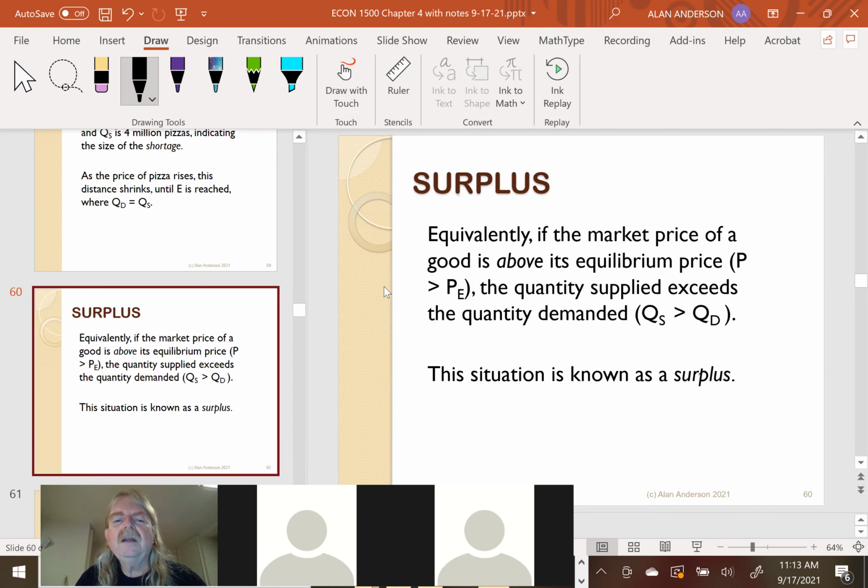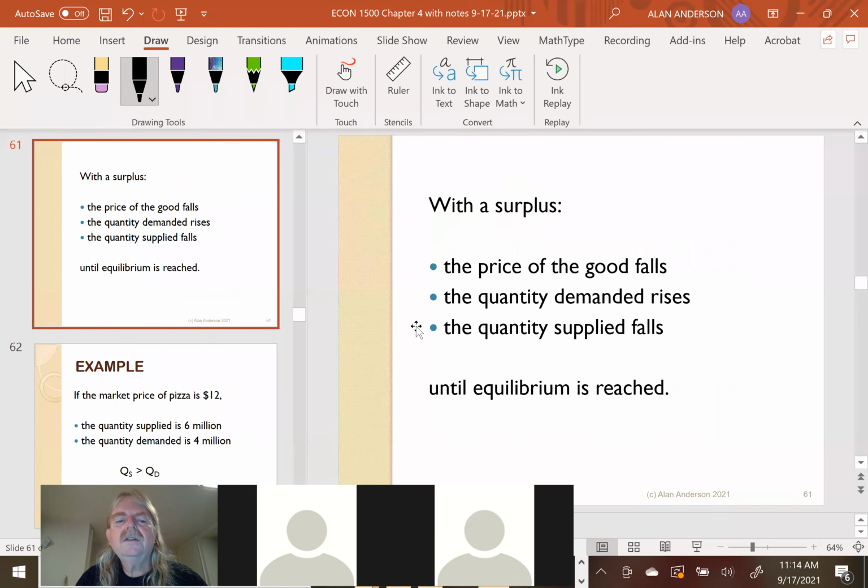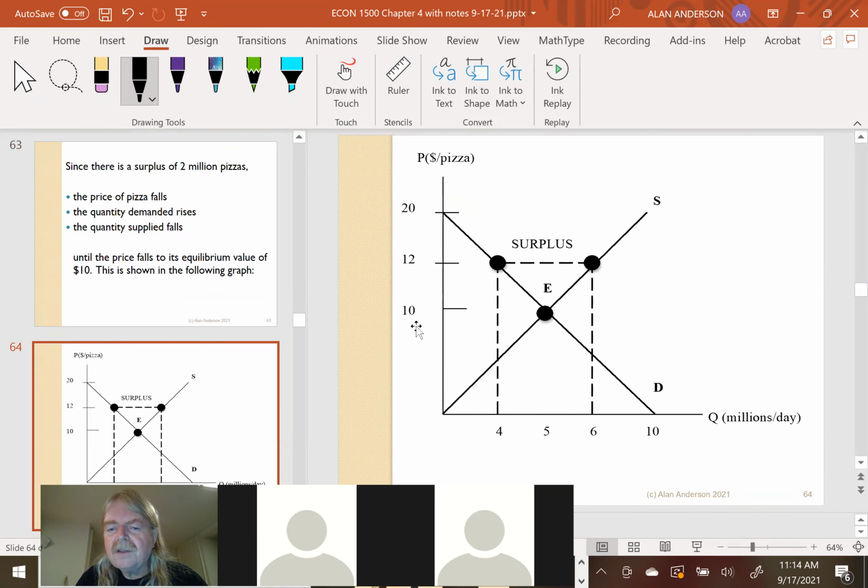All right. But anyway, if the price goes up too high, they'll suddenly discover, hey, we're not selling all the products that we're producing. We've got more than we need. You go to the grocery store and they've got too many cans of corn sitting there. That means it's time to put them on sale. There's a surplus. So let me just show you the graph real fast. Here's the surplus.